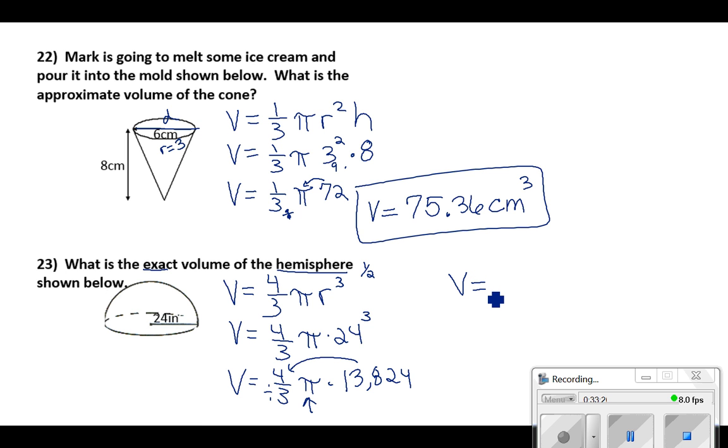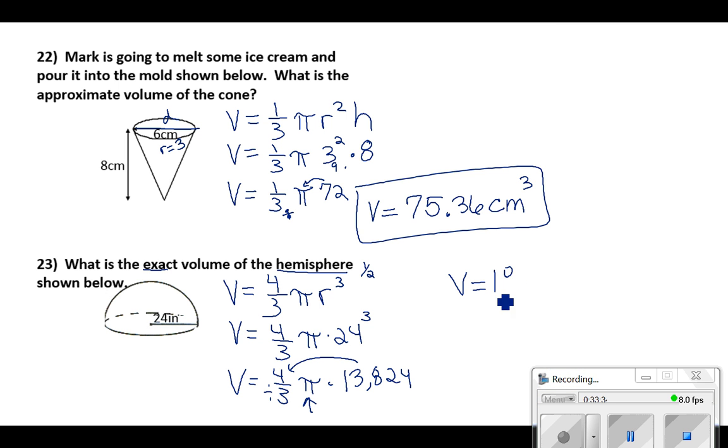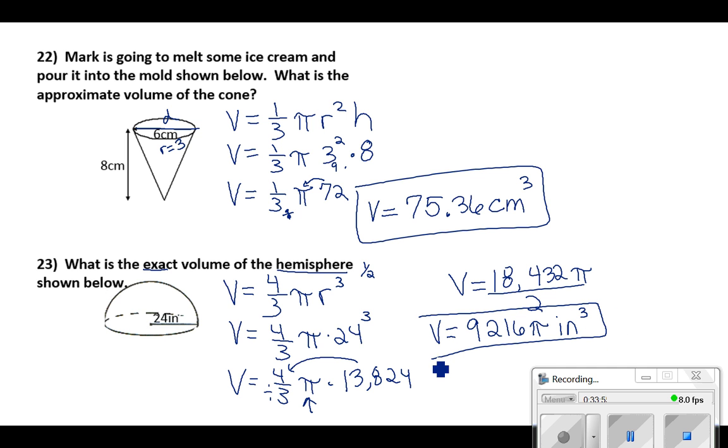So V, the volume of this sphere, would be 18,432 pi. That's for the sphere. So we need to cut this in half. Our final answer would be 9,216 pi inches cubed.